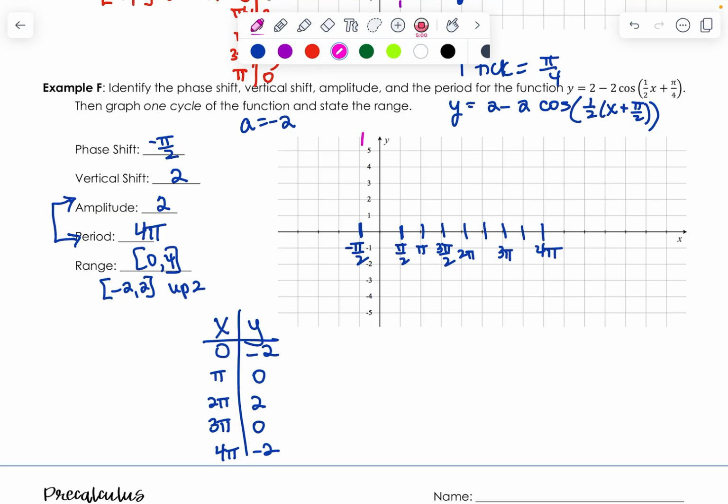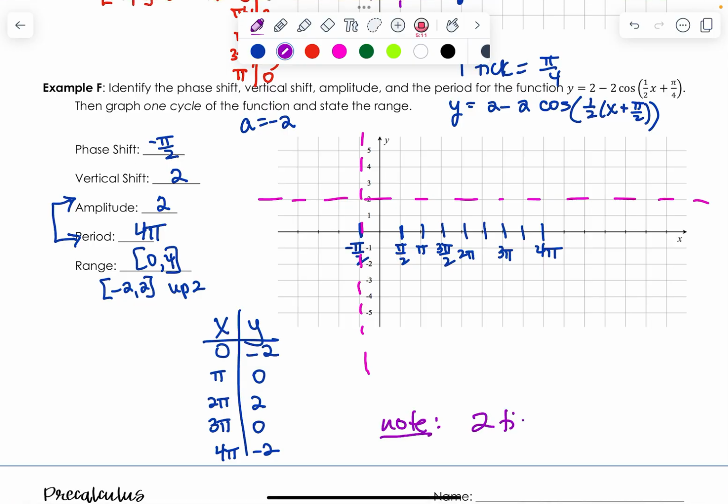Then I am left a pi over 2, and I am up 2. Now note, 2 ticks is a pi, okay? 2 ticks, so I'm going in my table, units of pi.